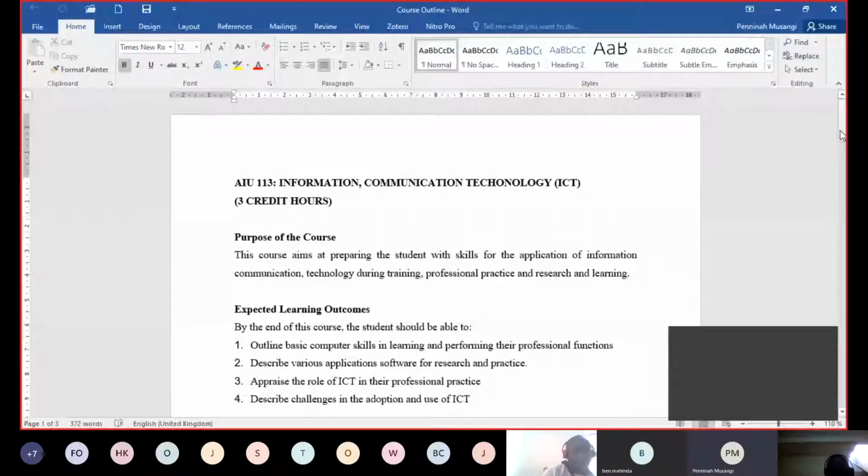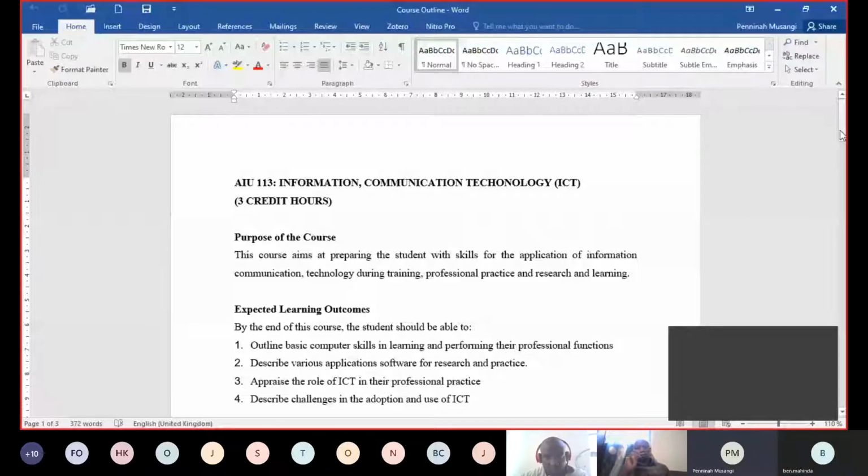The course is titled Information Communication Technology, or ICT, and it is coded AIU 113. It is a 3-credit hour course, which means we are supposed to be taking 3 hours per week if it is a face-to-face lecture. But now that it is distance learning, we are going to see how to cover the full course.